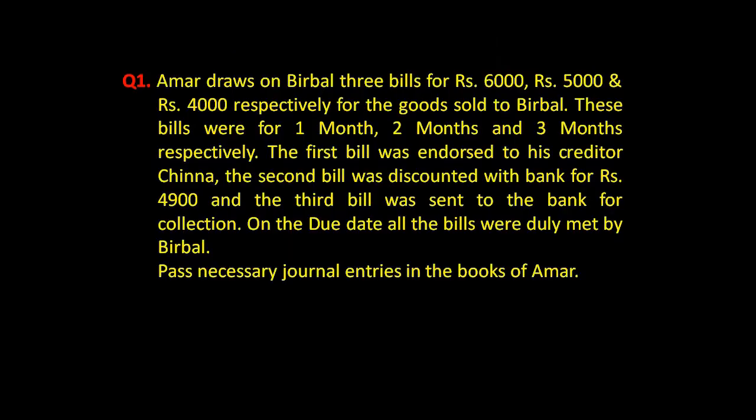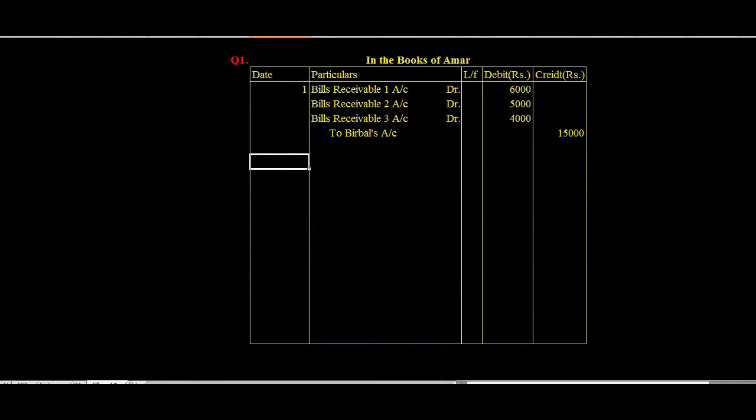Alright, let's read further. The first bill was endorsed to his creditor Chinna. So time for us to get our second entry. What happens? Chinna is the receiver and the bill is going out. So Chinna's account is what we need to debit. And because it's the first bill, the amount would be 6,000.